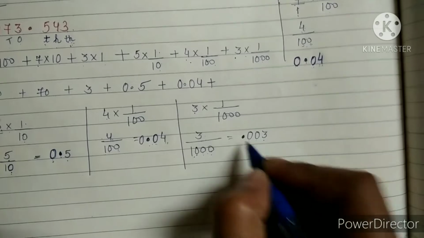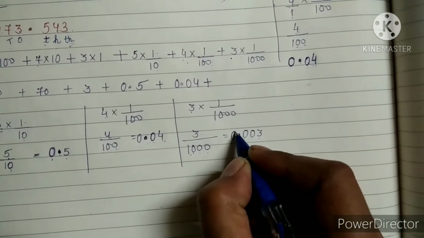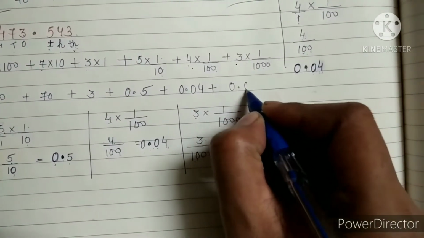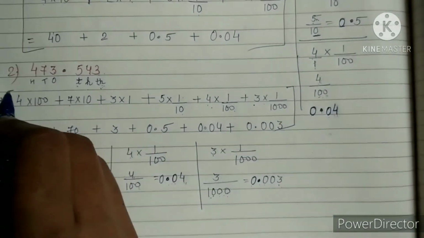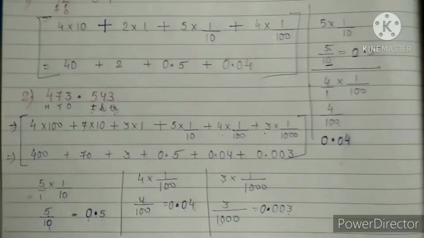So we can put the decimal and a 0 in front of the decimal. So its value will become 0.003. These are the two ways of writing the expanded form of decimal values.